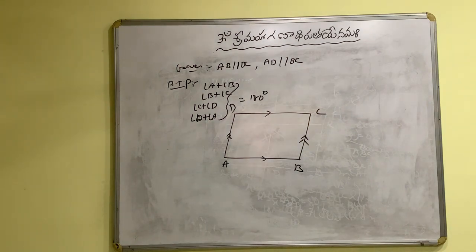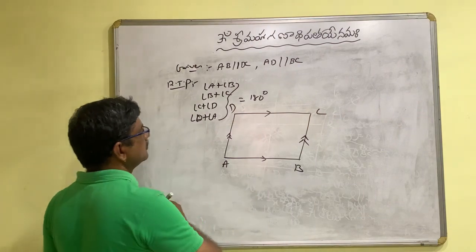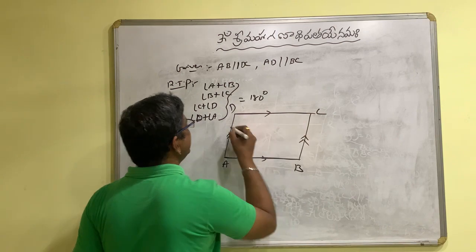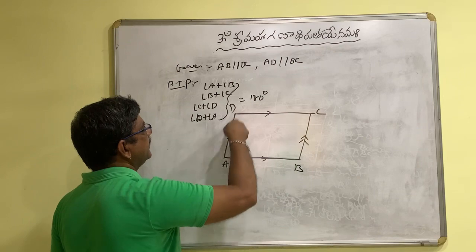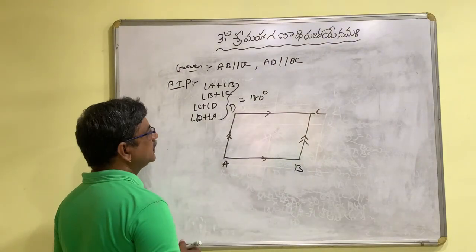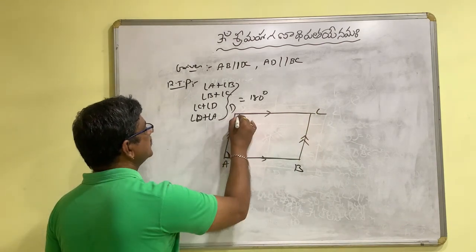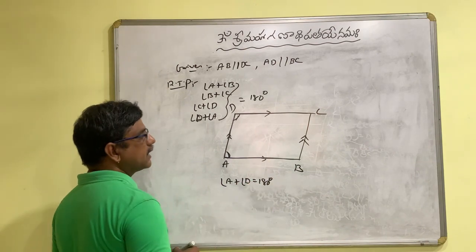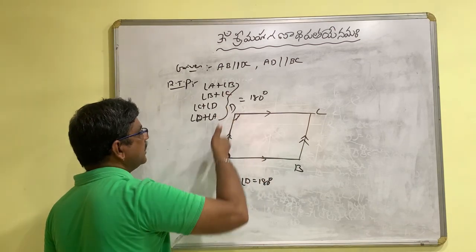Okay. Now, see here. AB parallel to DC, and we can consider AD as a transversal. Then according to Euclid's fifth postulate, sum of these two angles is 180, because these two are parallel lines and this is the transversal.